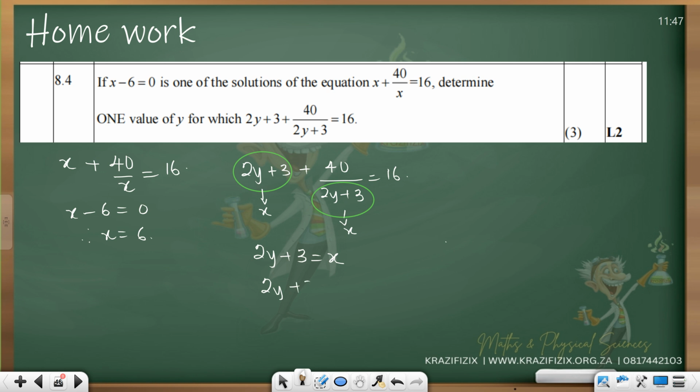And we know what x is. X is 6. So what is y? 3 over 2. Let me know if it makes sense. And that's it. That one is done. We move.